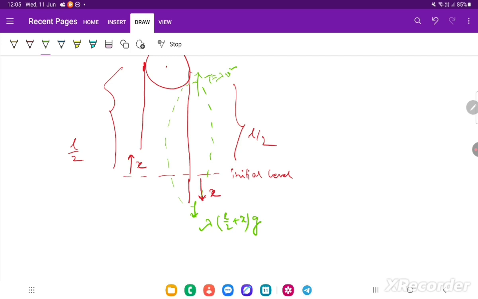We are supposed to find v only, that is, the velocity of the rope when it is getting detached. And for the left part, the weight is λ (L/2 − x) g, and this is the internal tension, λ v².